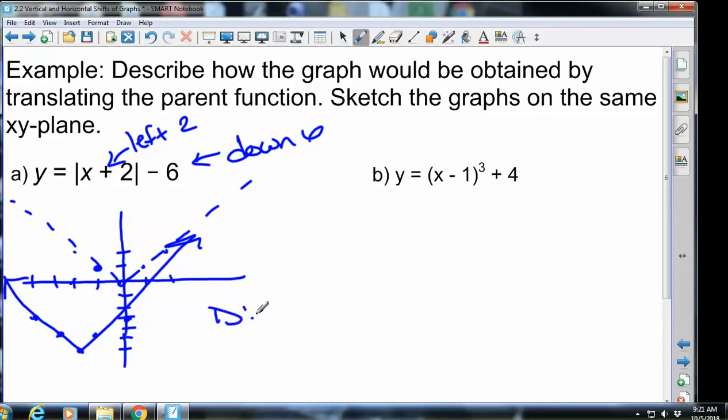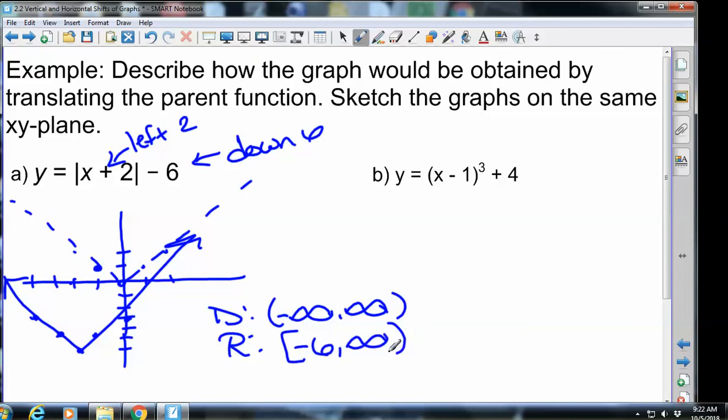What would the domain of this function be? It goes left and right forever, negative infinity to infinity. What is the range of this one? Bracket negative 6, comma infinity. It starts at negative 6 and goes up forever.